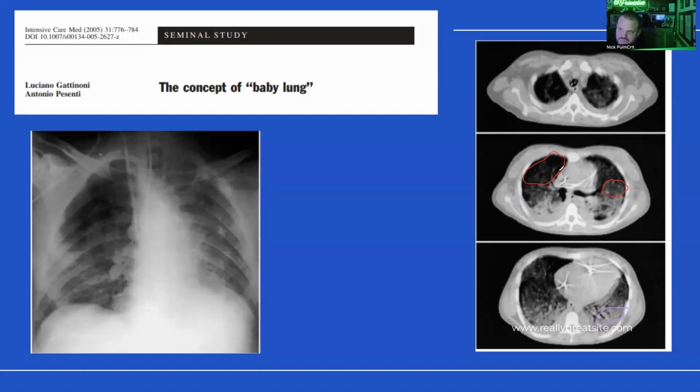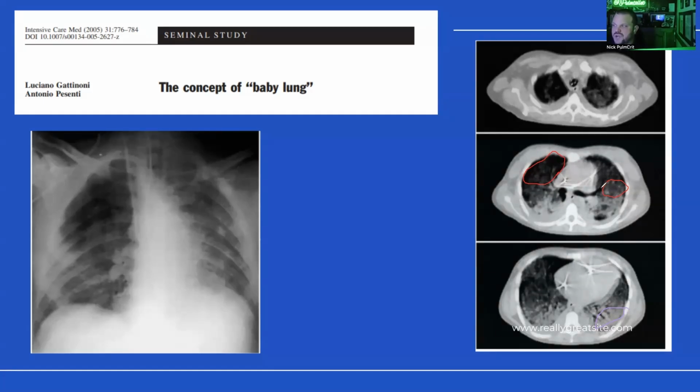It's called the baby lung because from their CT studies, what they showed was the size of the lung in ARDS that is normal, quote unquote, is about 500 to 600 grams, which is about the size of a lung in a 5-year-old child. So the point in limiting volume and limiting pressure is that you don't want to damage the baby lung.